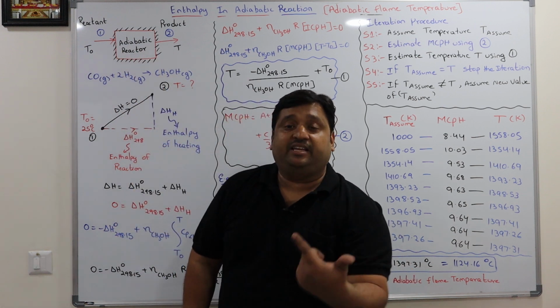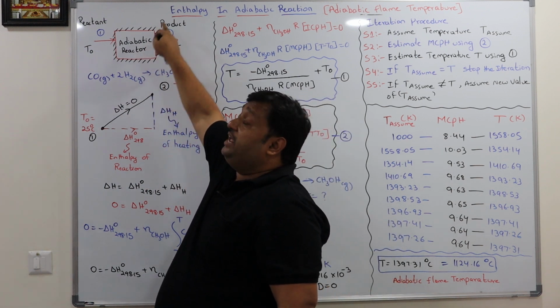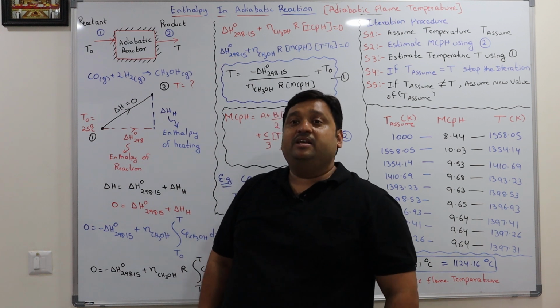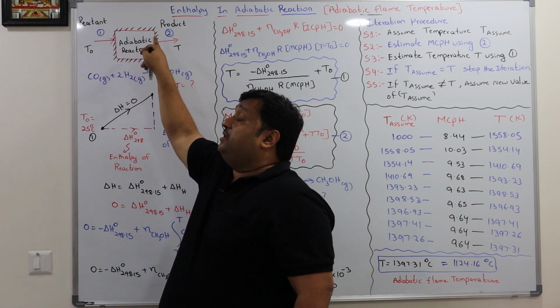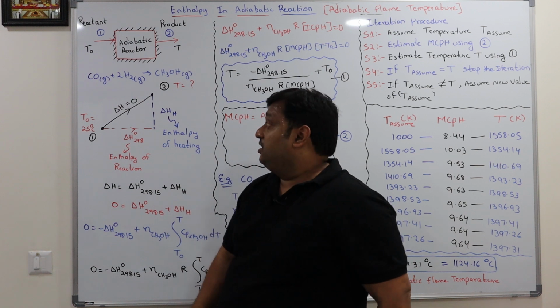If that is the case, what is the maximum possible temperature it can rise to because of this reaction? That is the adiabatic temperature. T is the maximum possible temperature that can happen because of these adiabatic conditions inside the reactor.